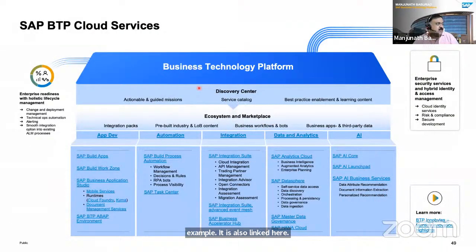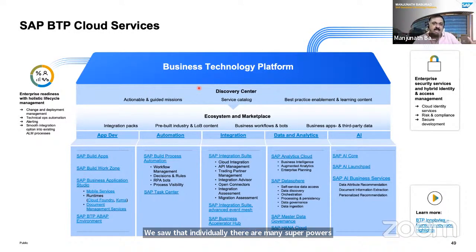And I would also like to leave you with this view of the different kinds of services, which I anyway touched upon. We saw that individually, there are many superpowers that every pillar of BTP already caters to.